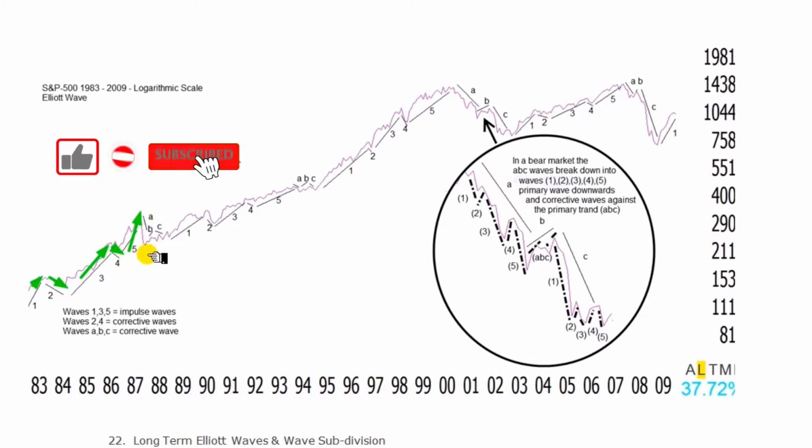And then, of course, we saw in 1987 the rather large correction, which we can see here, A, B, and then C.